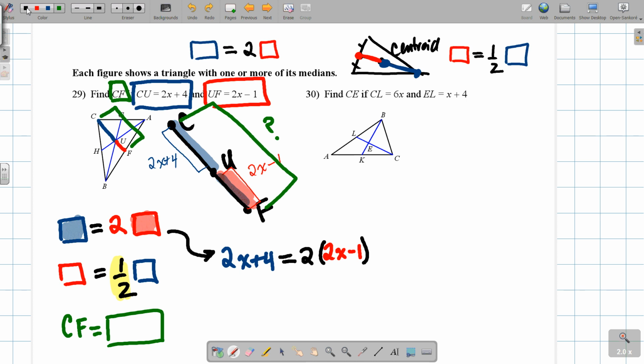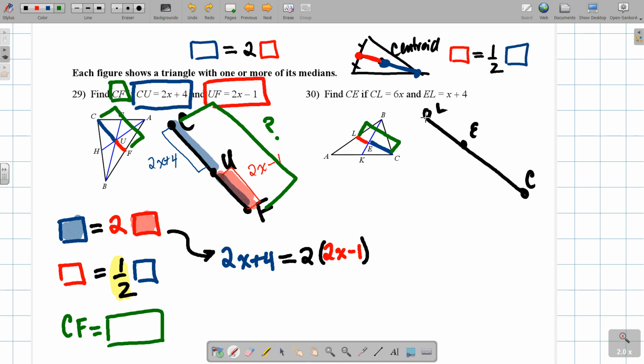Taking a look on the right, let's see here. We want CE to be our question mark. We are given CL, which is the whole thing, and we're given the EL. Let's pull this apart so it's a little bit easier to work with. Here's C, here's E, here's L. Let's label everything that we have.